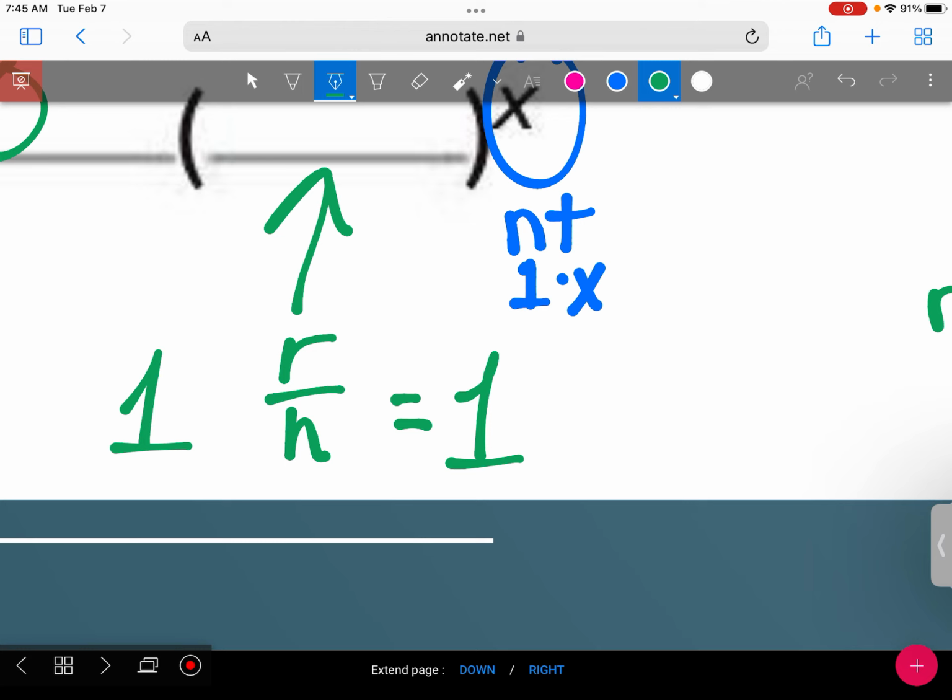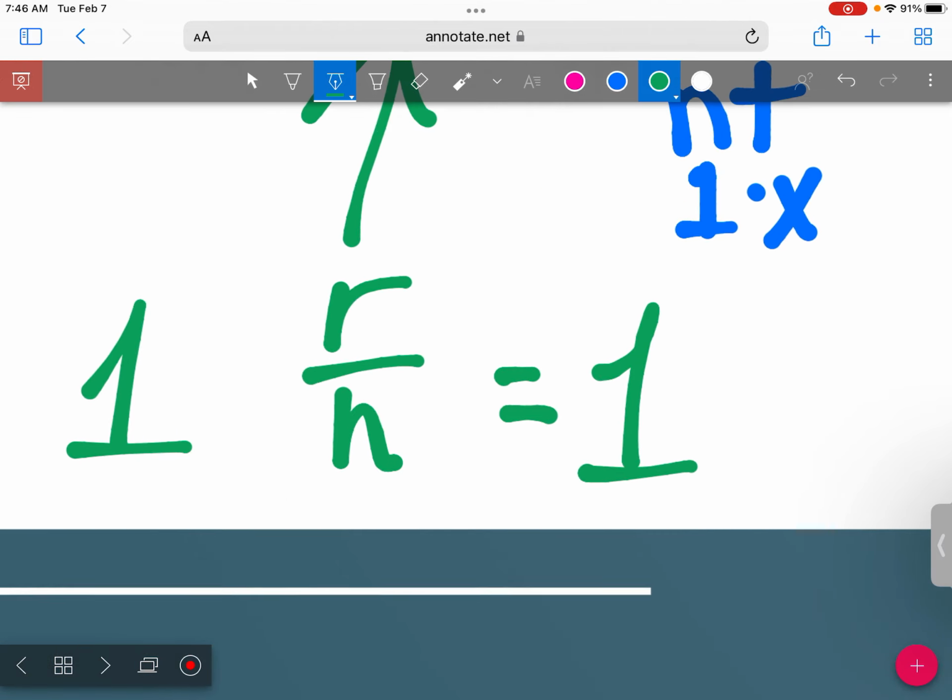So the amount this truck is going to cost after 5 years is going to be less than 41,000, right? We don't know how many less yet. But that means in our equation down here, this is actually going to be 1 minus R over N, okay?